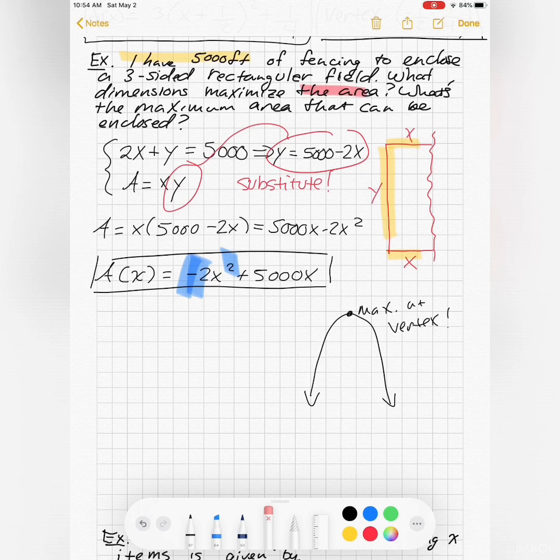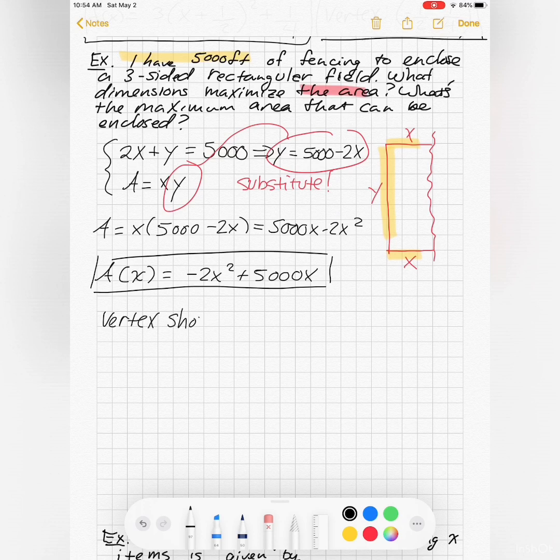Okay, so actually I know how to do that. I mean, I can do this problem by completing the square. Or there's actually a shortcut formula to find the vertex. Okay, so let me show you this.